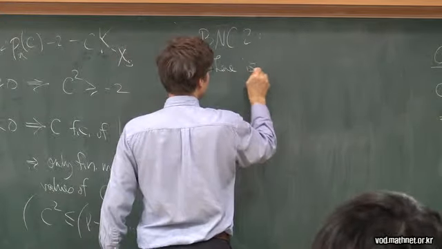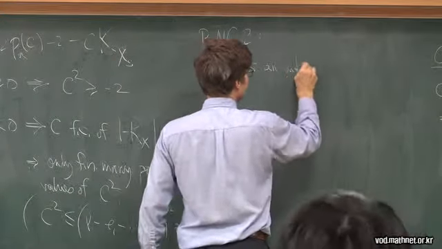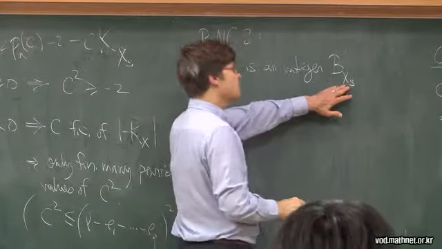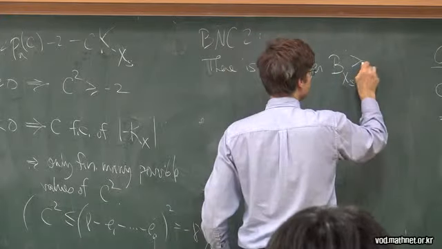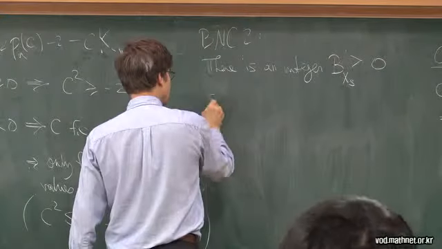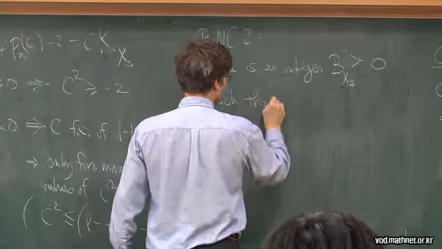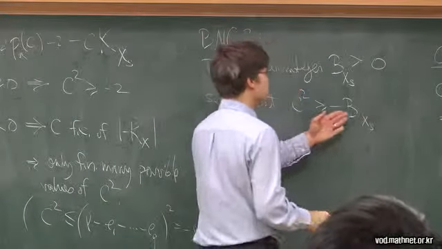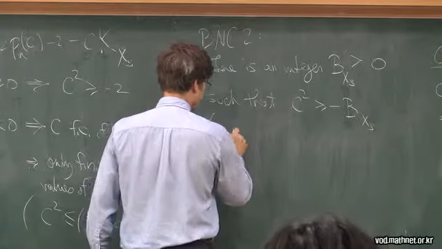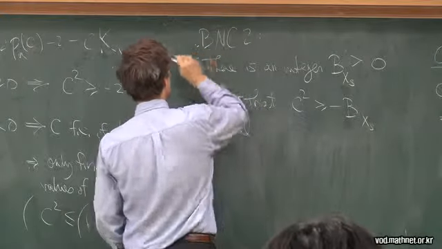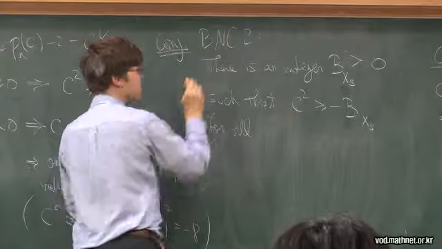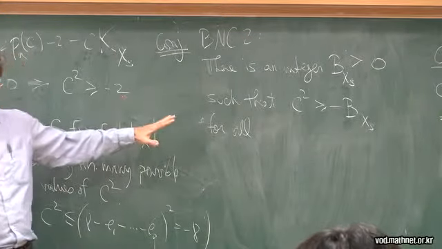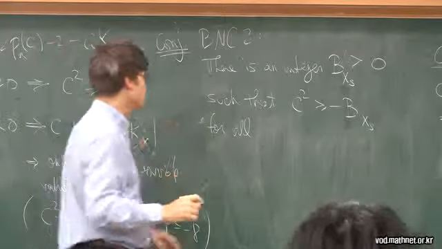It says there is an integer depending on the surface greater than 0 such that C squared is greater than or equal to minus that integer. So this is a conjecture. I want to emphasize, the self-intersections of reduced curves is also bounded below.